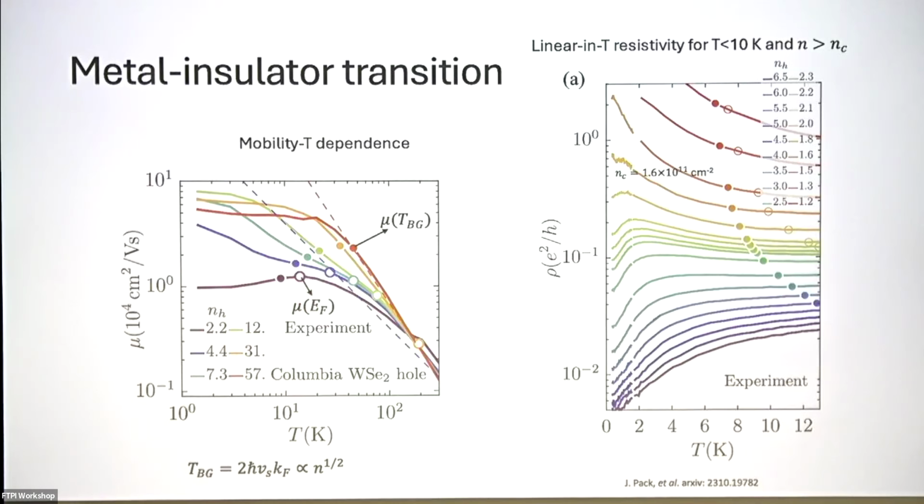Here I show by the solid dots the mobility at the BG temperature, which indicates the characteristic temperature scale of electron-phonon coupling. As you can see, the mobility collapsed roughly around this temperature, which indicates that indeed it's electron-phonon coupling.